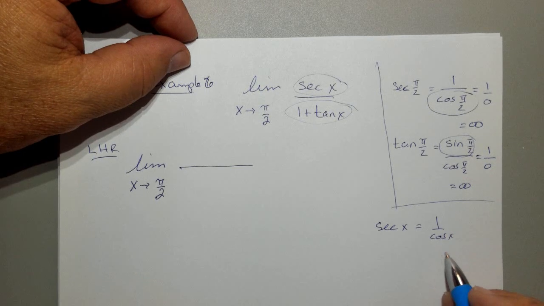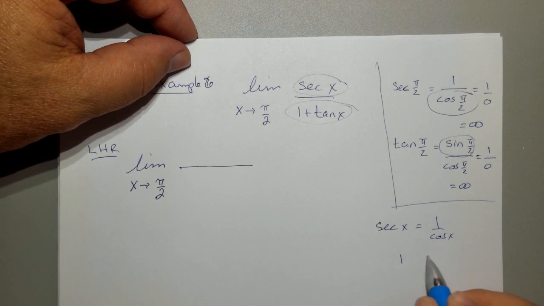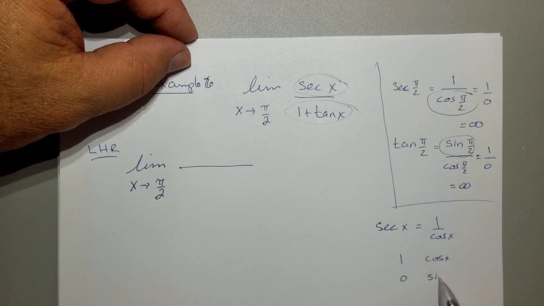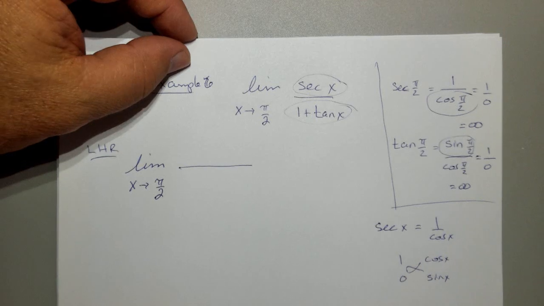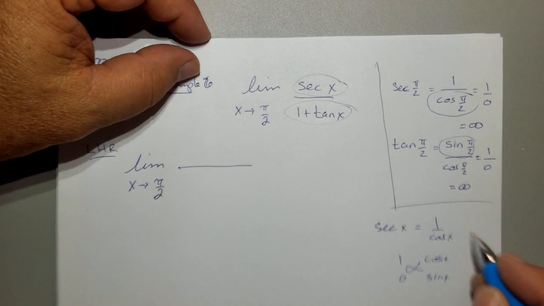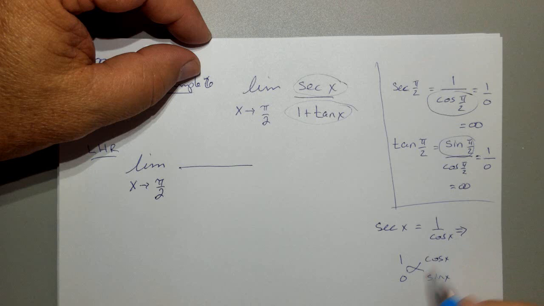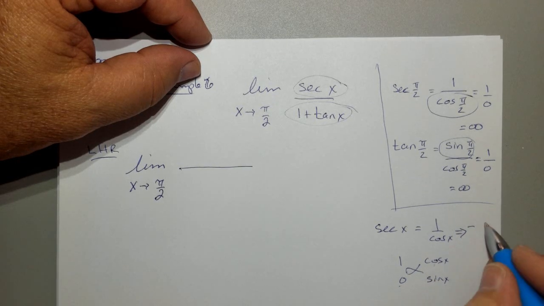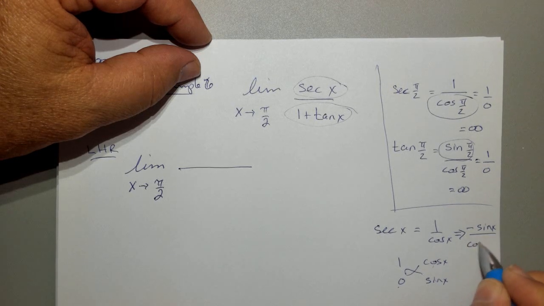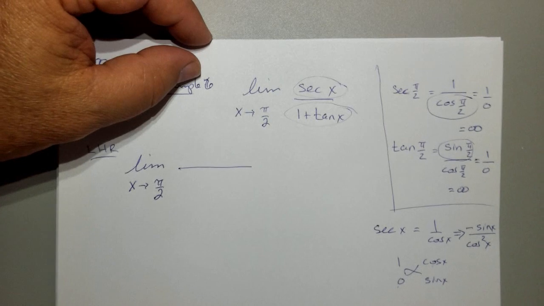So the derivative of 1 over cosine, we use the quotient rule. Cosine times 0 minus 1 times negative sine, that's sine x, over cosine squared x.